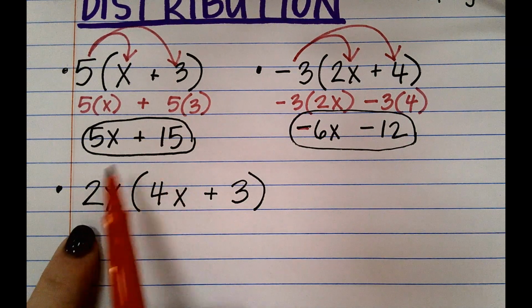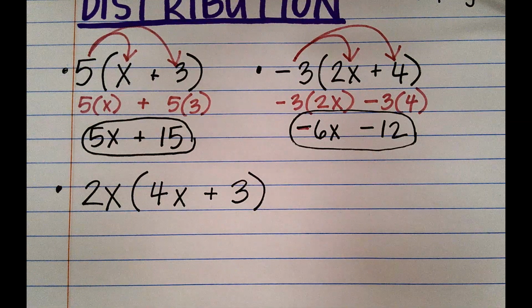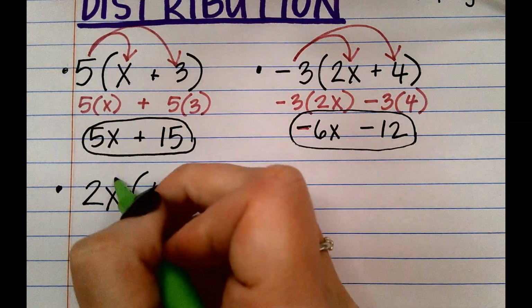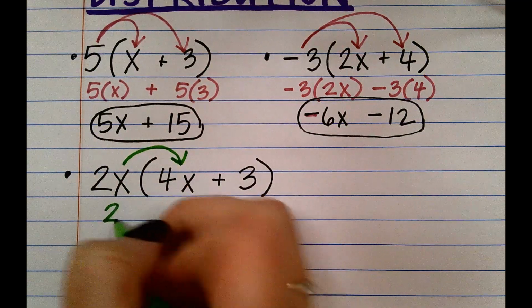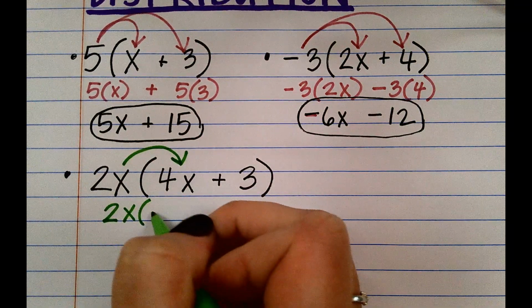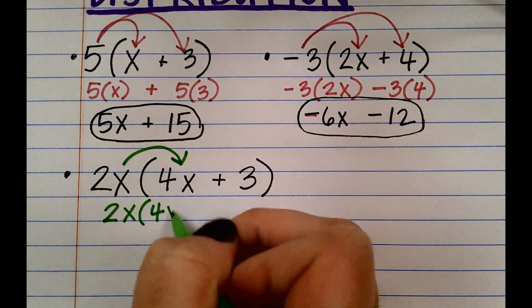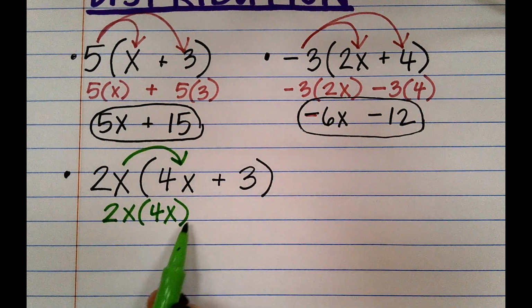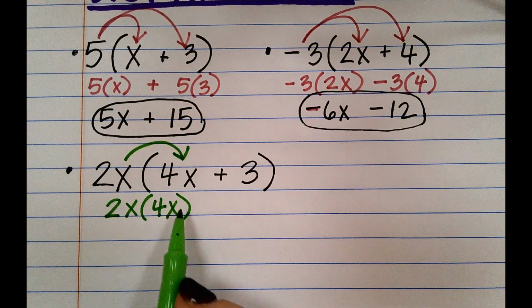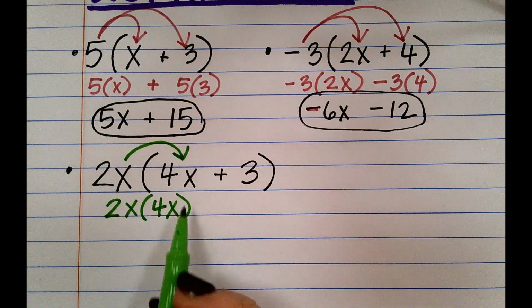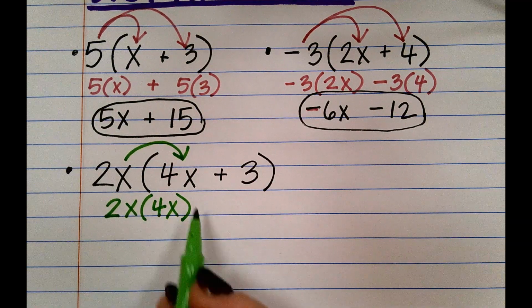We're going to do the same process. 2x times 4x. And whenever you take a variable times a variable, you are adding the exponents.